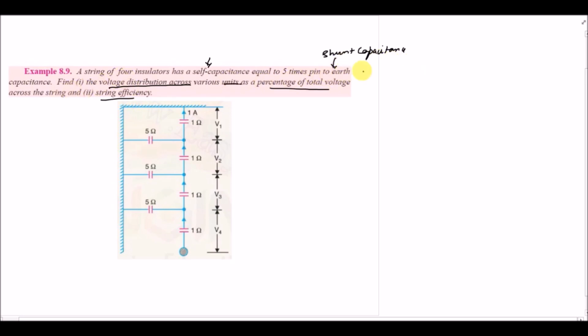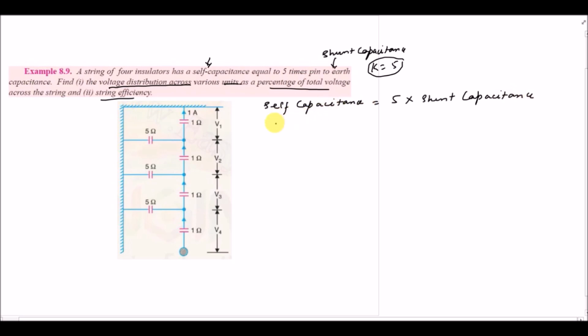So in this case K is equal to 5, right? And we have to find the voltage distribution across the units as a percentage of total voltage, and the string efficiency. Now what is given to us is that self capacitance is equal to 5 into shunt capacitance, right?